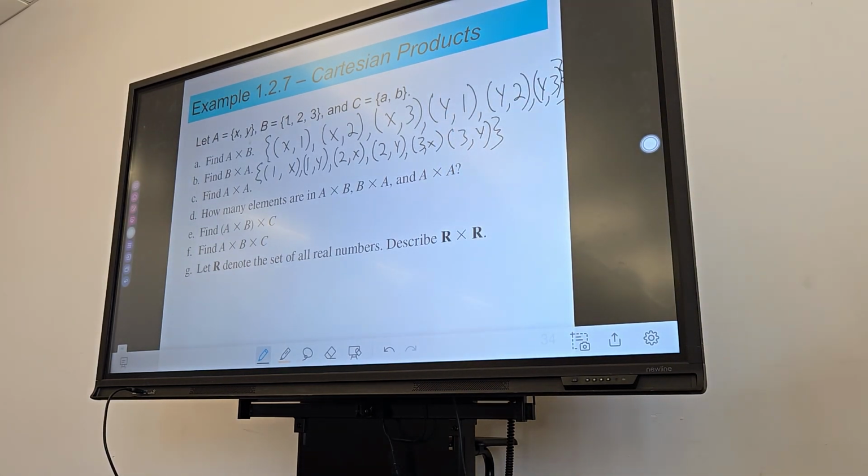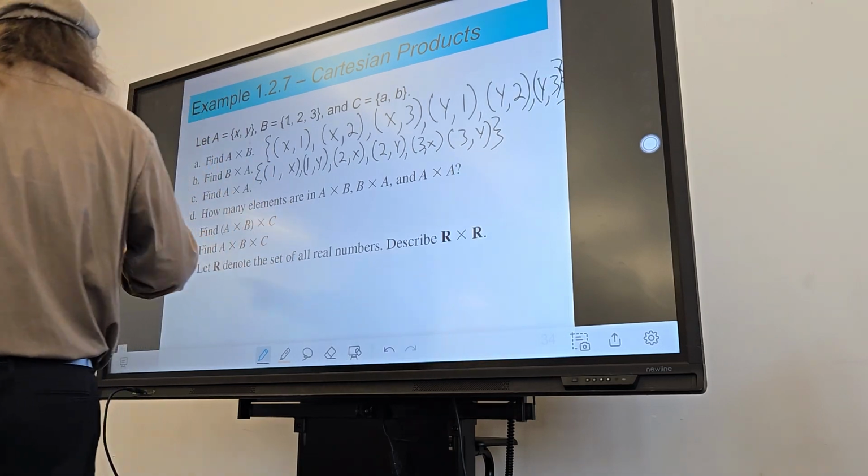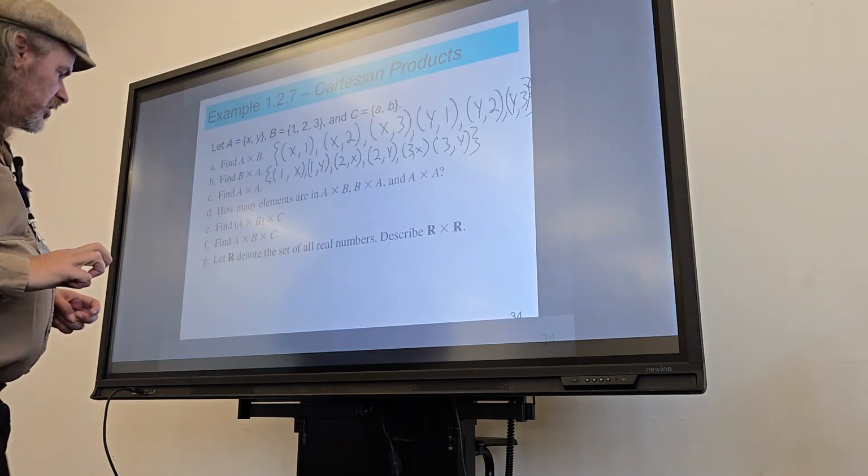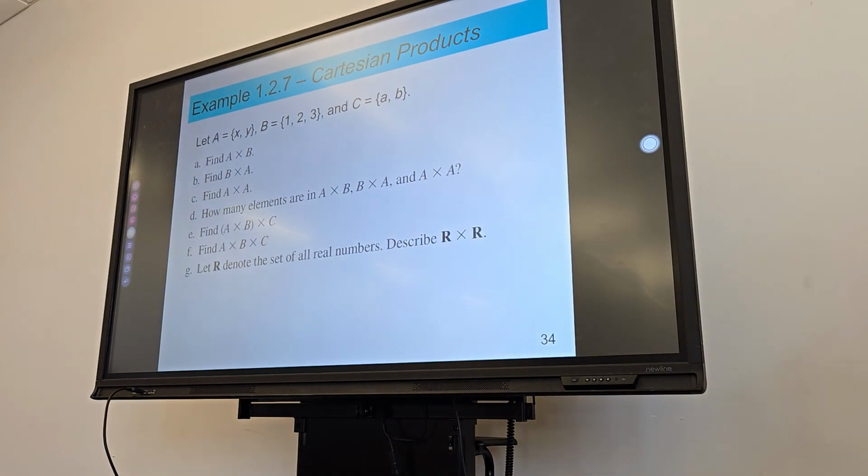So now jump down to E, A cross product with B, quantity cross product with C. Notice the F is a very similar question. I'm not going to write those out. It's on the next slide, or pretty close to the next slide, and we'll look at those.